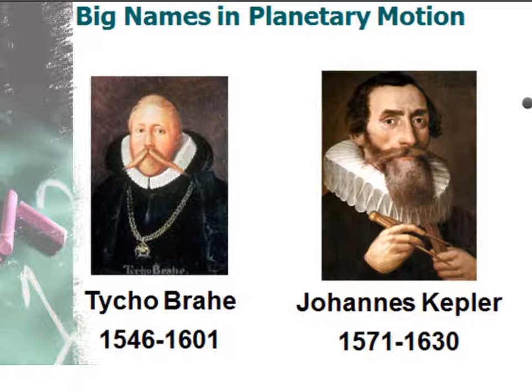So when Kepler took Brahe's observations, he recognized that there were three laws of motion that the planets obey. And by this time, this had been after a guy named Nikolai Copernicus came along and proposed that the solar system had the sun in the center, which is what we call a heliocentric model, as opposed to a geocentric model where the Earth is in the middle of the solar system and everything goes around it.